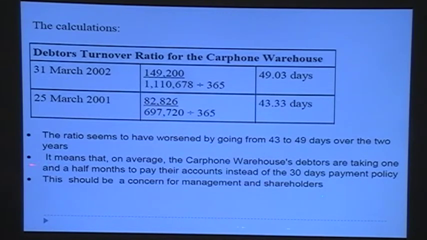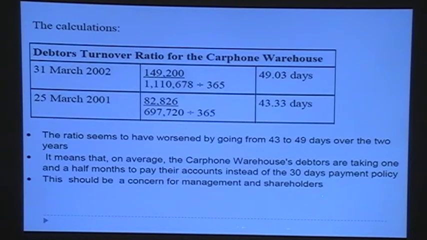Therefore, the ratio seems to have worsened, going up from 43 to 49 days over the 2 years. It means that on average, the Cafe Warehouse debtors are taking 1.5 months to pay the account instead of the 30 days payment policy stipulated in the UK.